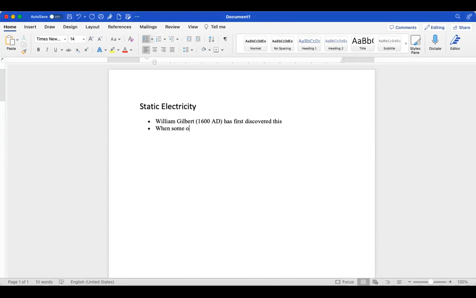When some objects are rubbed, electric charges are generated on the surface of both.